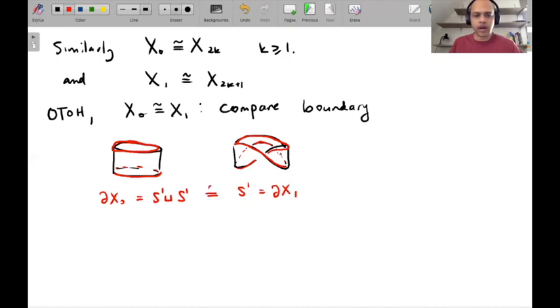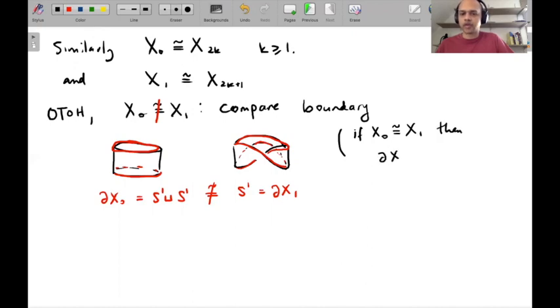And these two are not topologically equivalent. Oh, so this was supposed to be a not there. These are not topologically equivalent, and the reason is their boundaries are not topologically equivalent. So the statement is, if x0 were equivalent to x1, then the boundaries would have to be topologically equivalent.